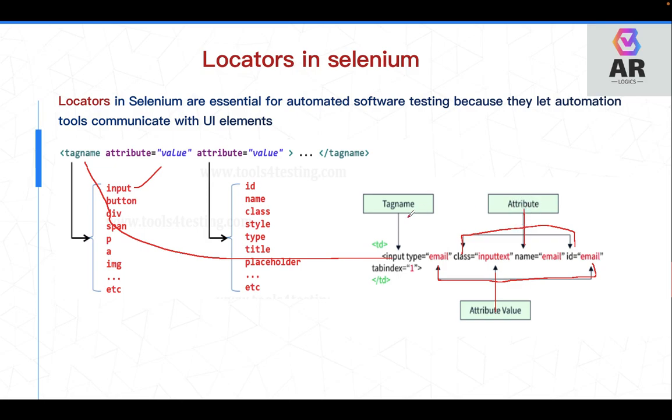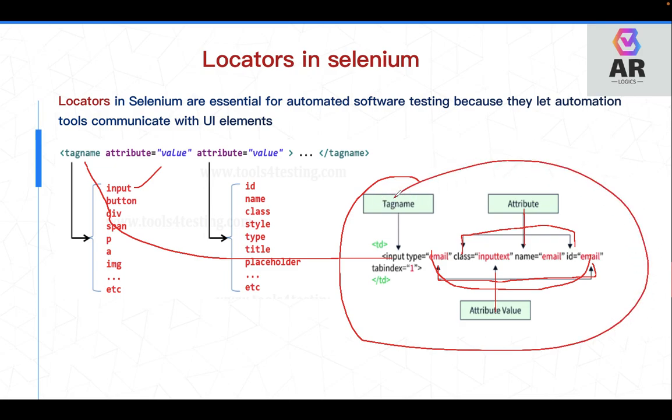Remember these things: class name, ID are attributes, and this is the tag name. Using these, we can find the web element locators.